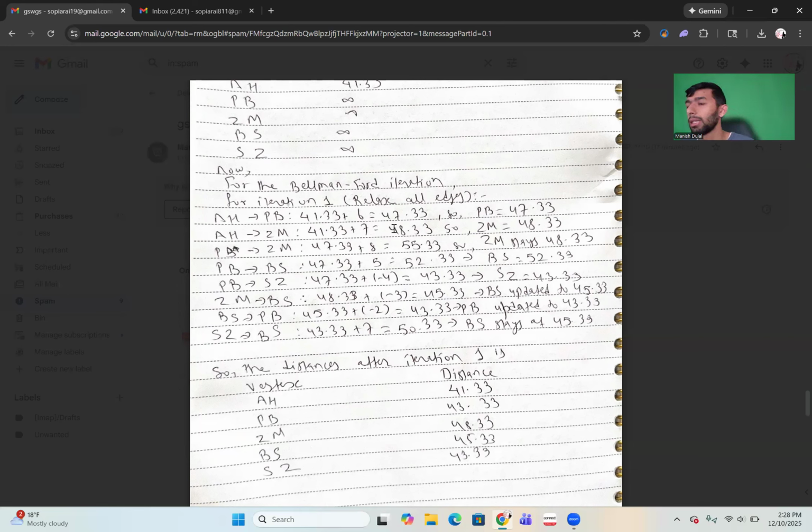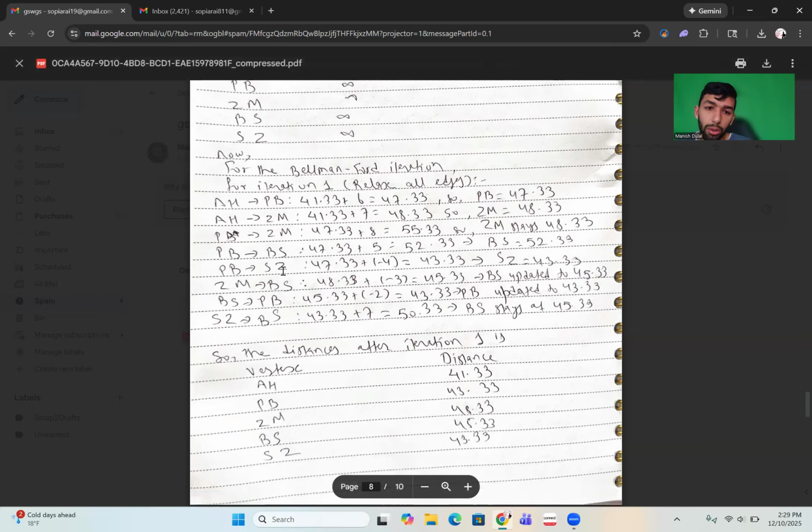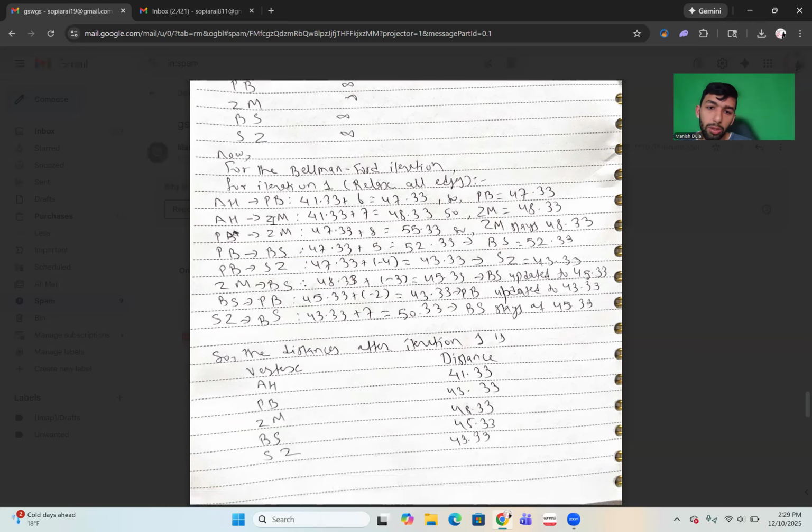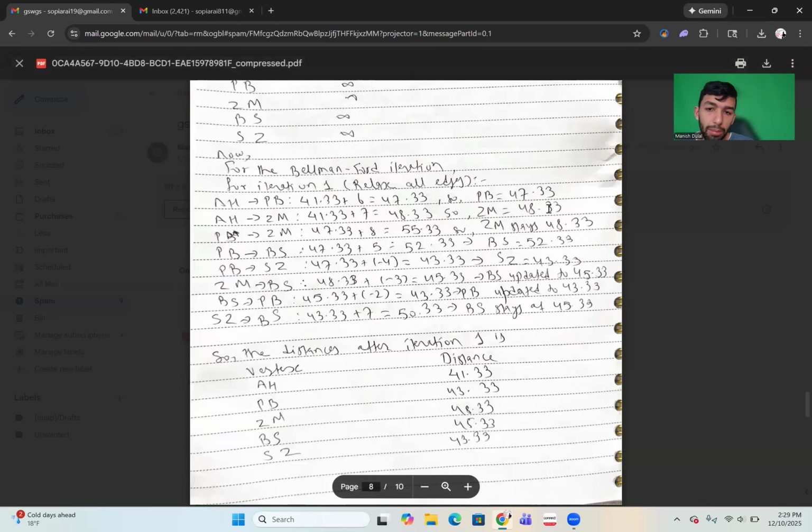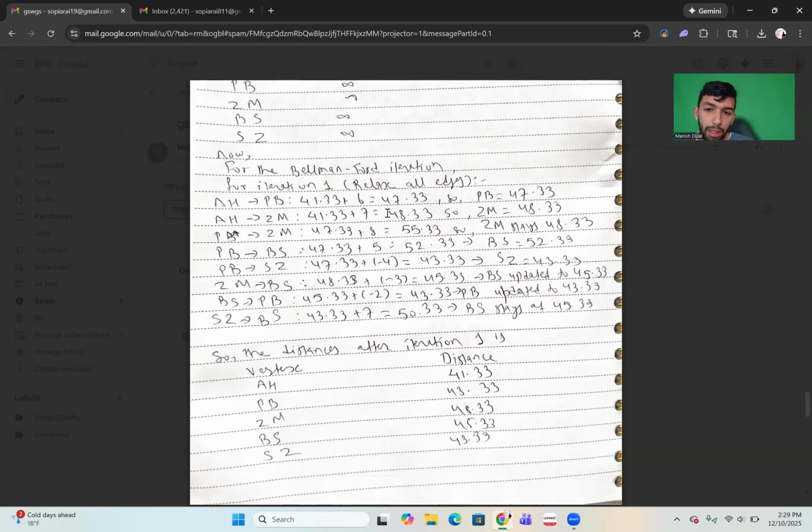The second step would be to relax all the edges in one iteration, updating distance whenever a shorter or safer path was found. So this one was iteration one, AH to PB, right? 41.33 plus 6, so 47.33, PB stays at 47.33. And for ZM, it's going to be plus 7, so that's going to be 48.33.